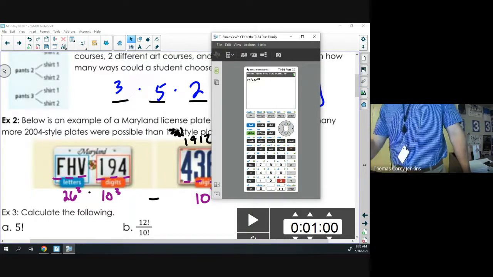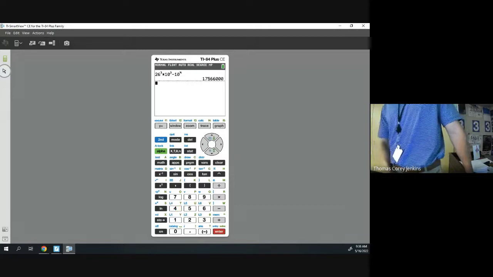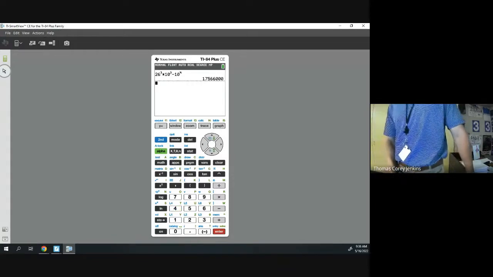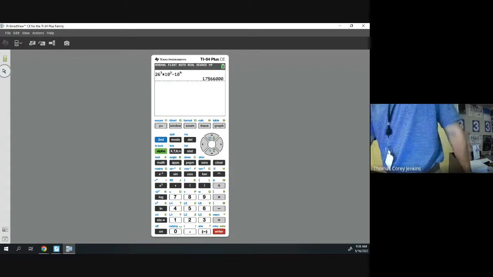And then that would be the number of possibilities we have on the 1912 plate, or sorry, the 2004 plate. And we're going to subtract from that the 1912 possibilities, which would be 10 to the 4th. And so that's going to give me 175,660,000.